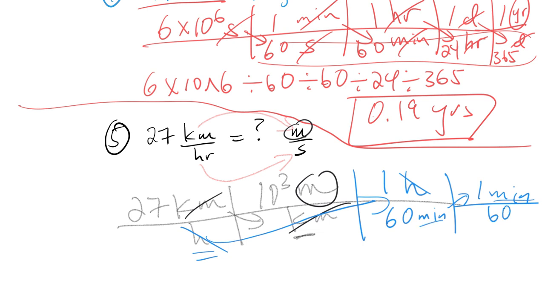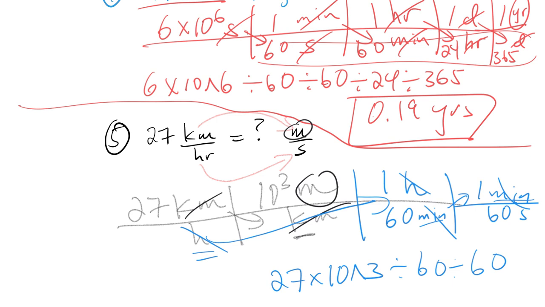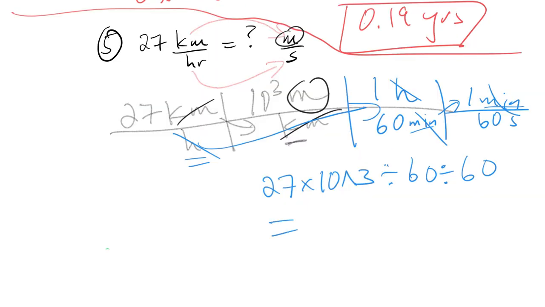In 1 minute there's 60 seconds. So the minutes will cancel out as well. So I'm left with 27 times 1,000, which is 10 to the 3, times 1 times 1, divided by 60, divided by 60 again. So I get 7.5.